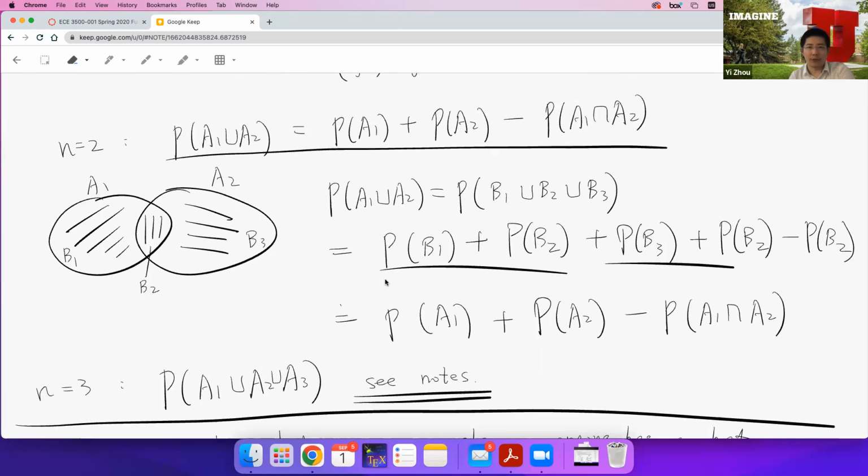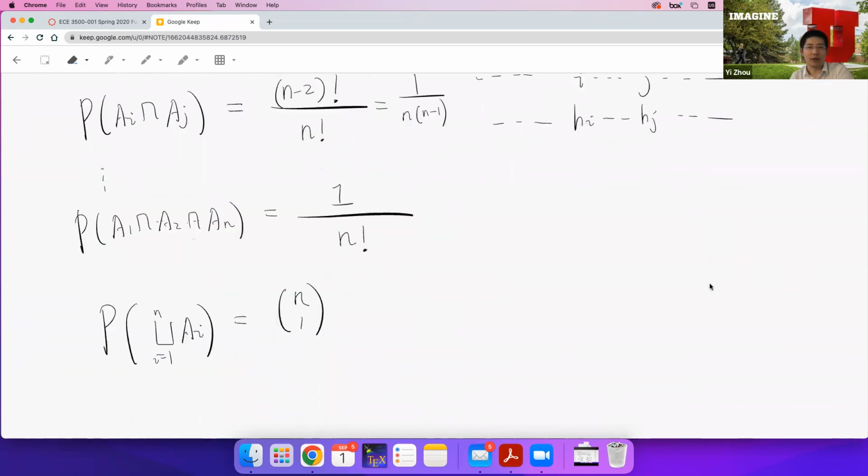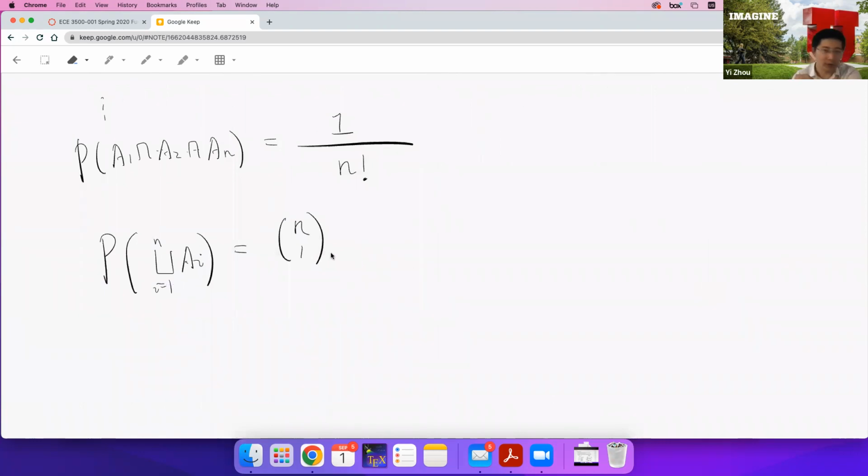If you go back to this formula, this is n choose 1. For the summation over all possible i<j, in total we have n choose 2 elements. Here we have n choose 3 elements, and in the end we have n choose n elements. So the coefficients are defined by combinatorics.